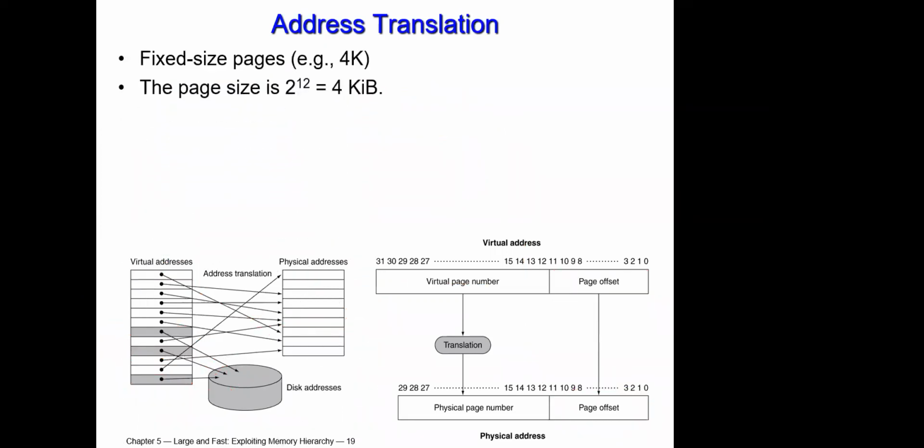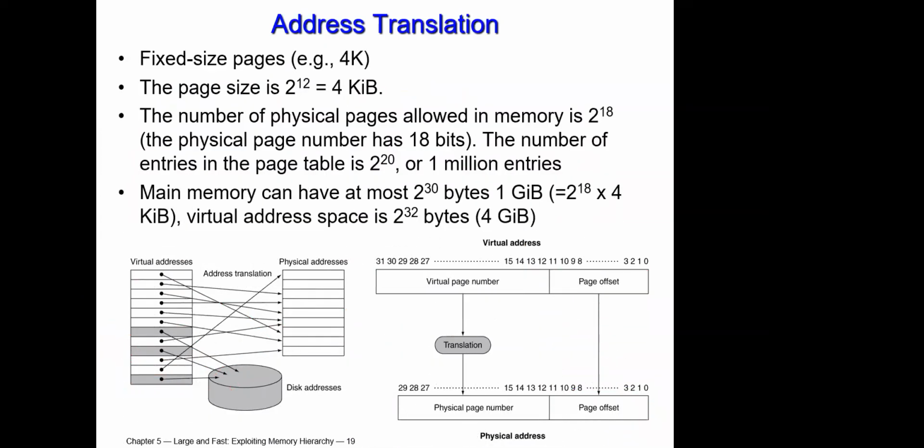So let's review this information again. The page size is 2 to the power of 12. Why? Because the offset here is 12. So how many rooms? 2 to the power of 12. This is the page size, which I already mentioned when I zoomed in here. This part has 12 different bits, so it will be 2 to the power of 12.